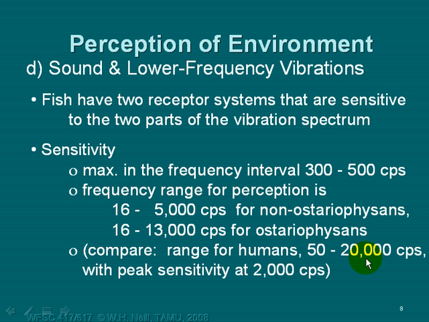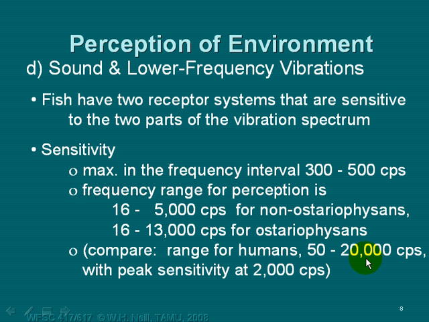They use both the inner ear as well as the lateral line system. The maximum sensitivity to vibrations of the water seems to be in the range of about 300 to 500 cycles per second. But the range is all the way down to 16, which is definitely in the range of a low frequency vibration that you would tend to feel more than hear if you were a human, up to 5,000 cycles per second.